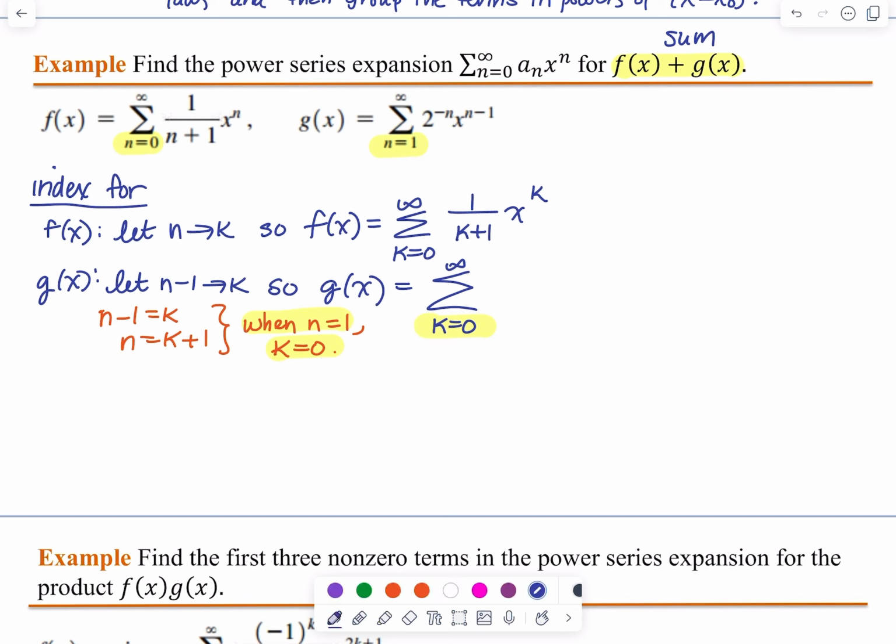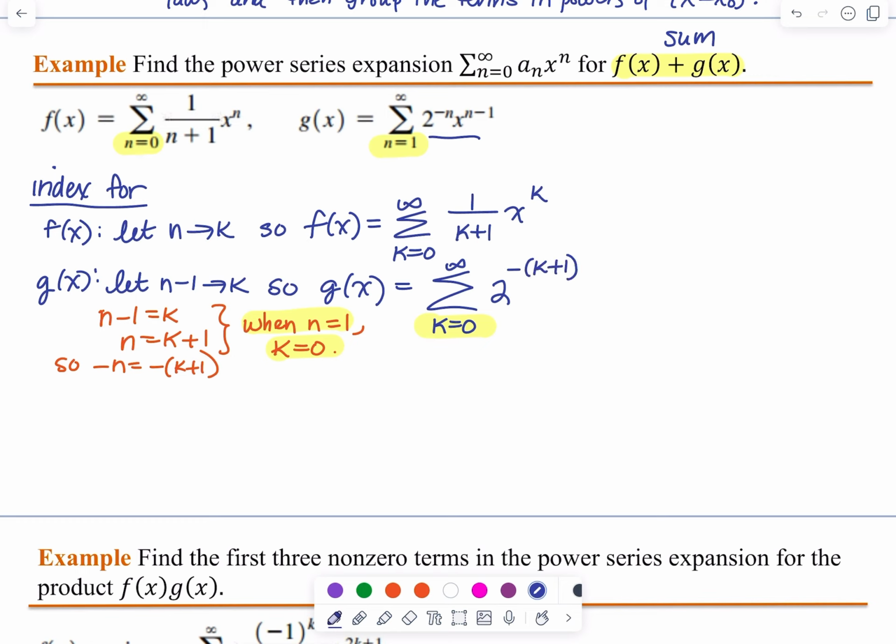Okay, so now let's go ahead and put this in. We have 2 to the negative n. So take a look here. Negative n, I think I want to write this in orange. Negative n is the opposite of k plus 1. So this is going to be 2 to the opposite of k plus 1.